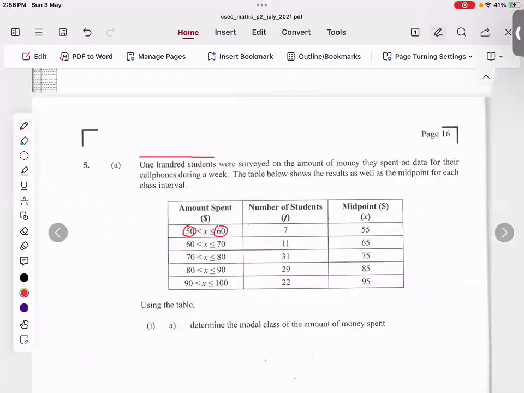All right, can anybody figure out how they got this 55, 65, 75, 85, 95? Can you figure out a pattern as to what you think they did to get the 55, and the 65 and the 75?